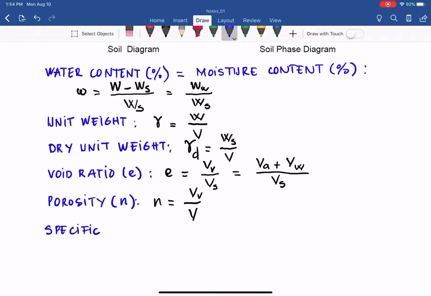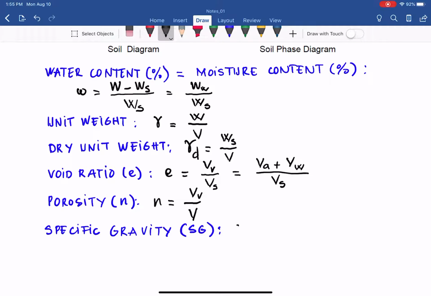And then we also have specific gravity, the next concept. If you want to go into detail again, you may go back to the phase diagram lesson in Geotech 2, instead of me repeating the same lesson that you learned from Dr. K. So you have here specific gravity. How do we determine it?